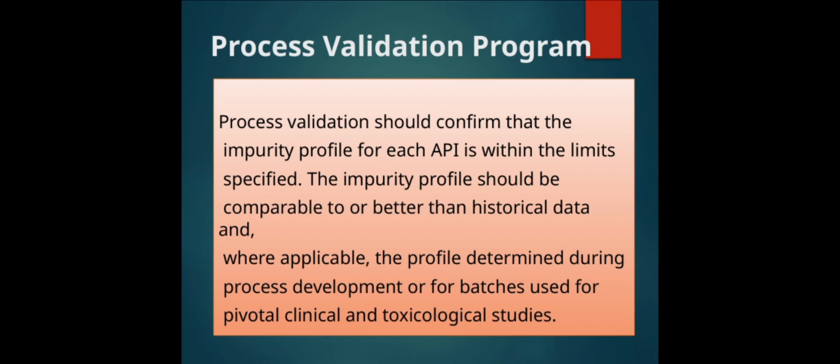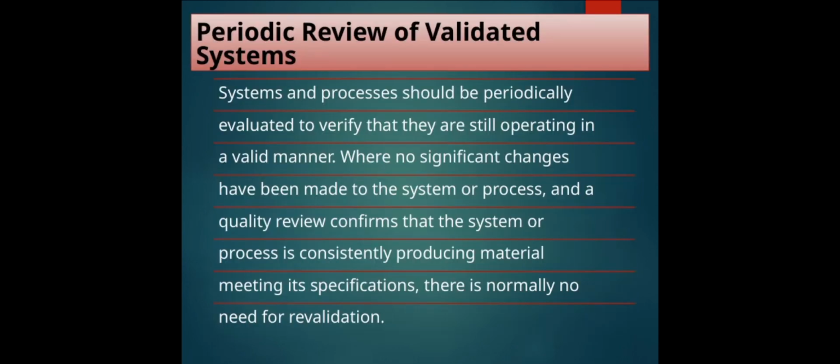When applicable, we compare the current profile to what we determined during process development or for batches used in pivotal clinical and toxicological studies. Essentially, this validation step is about maintaining quality and ensuring patient safety by keeping our impurity levels in check, which ties directly into the overall theme of consistent, high-quality manufacturing.